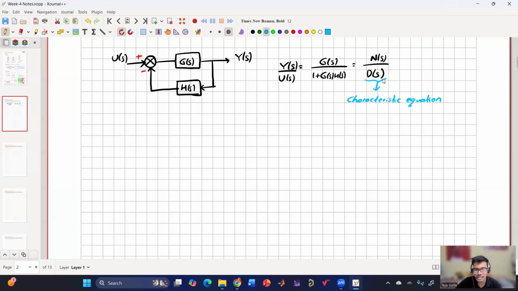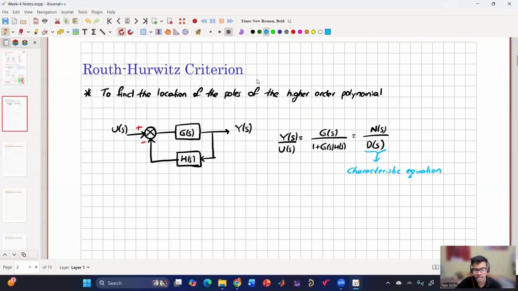So now the denominator, this characteristic equation, we will apply Routh-Hurwitz criterion and check the pole location. So Routh-Hurwitz criterion has two conditions. One is necessary condition and another one is sufficient condition. So what is necessary condition? Necessary condition means if any polynomial fails to meet that necessary condition, we can say that there are poles on the RHP side.